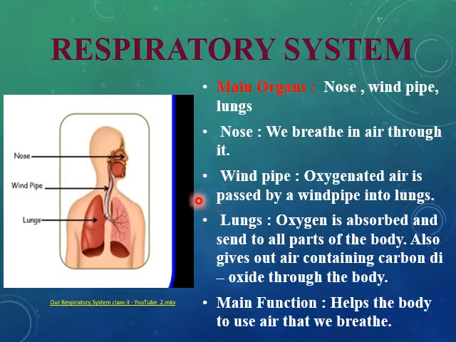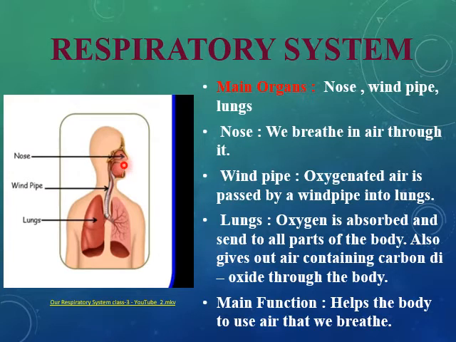So this oxygenated air we breathe in through our nose, and the process of breathing in or taking in air into the body is called inhalation. Understood all of you?